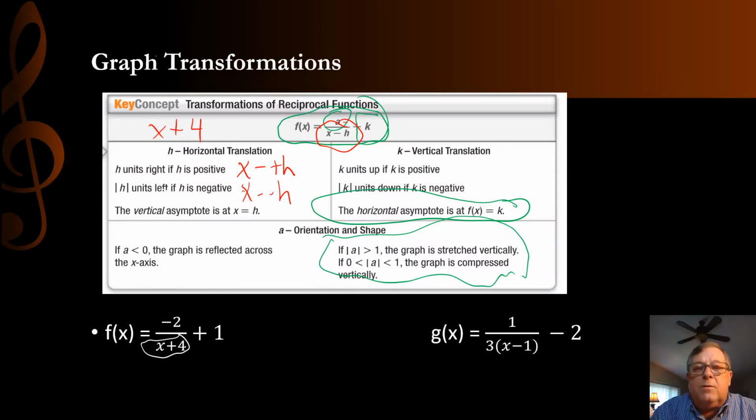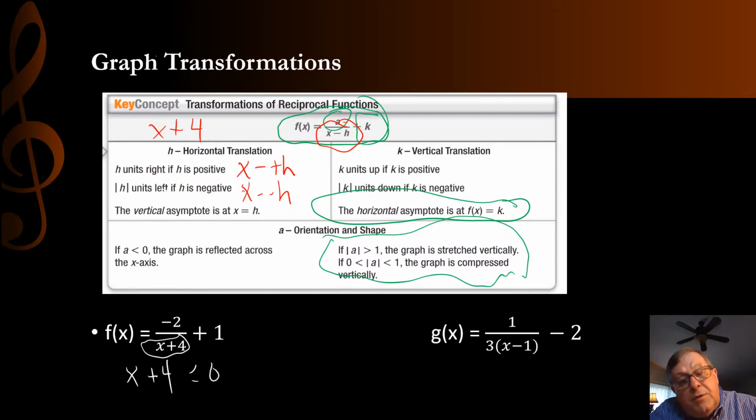Now that's kind of the opposite way of thinking, but again, you have to think about the format of this, and it's been created by this h, minus the value of h. So in this example where we've got x plus 4, we're going to have a horizontal translation to the left. It's going to move that vertical asymptote from x equals 0 to x equals negative 4, because we set the denominator equal to 0 and then solve it.